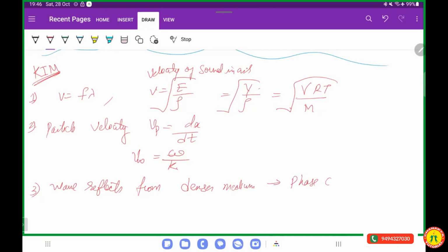Phase change is pi. And reflect from a rarer medium, phase change is 0.